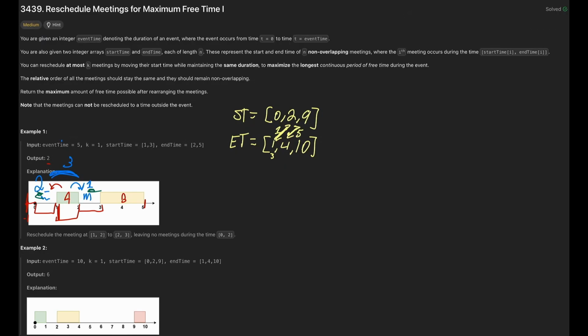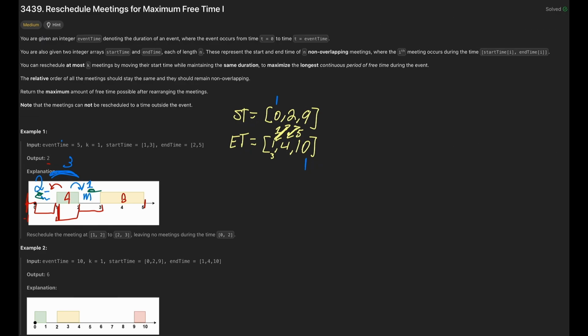Like I said, the 0th index is different, as is the last index. If you notice here, these are kind of by themselves, and the relationship we were talking about doesn't really apply to them. So in the examples that they provided, the last and first event are butted up against t equals 0 and t equals event time.